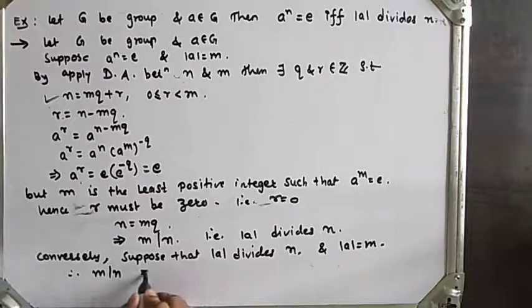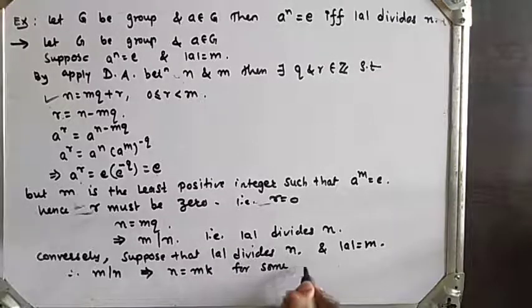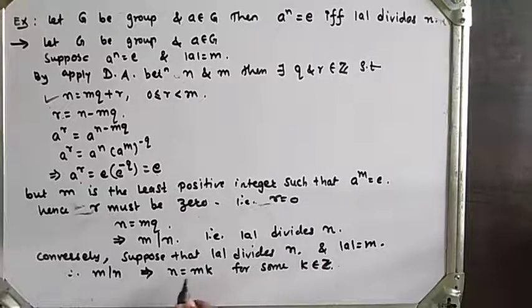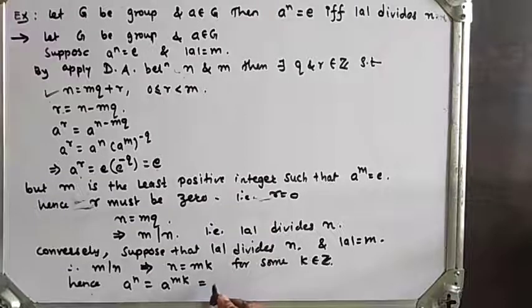Then by using the definition of divisibility, we will get n is equal to m into k for some k belonging to the set of integers. Hence a raised to n is equal to a raised to mk, which can be written as a raised to m, raised to k.